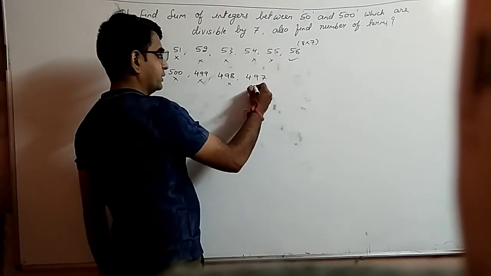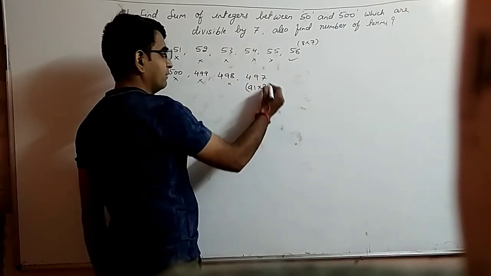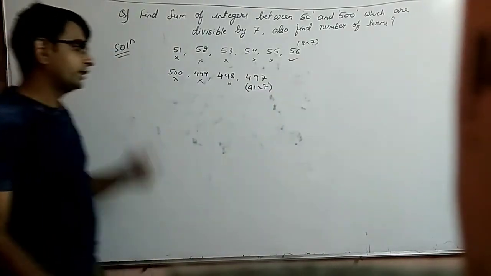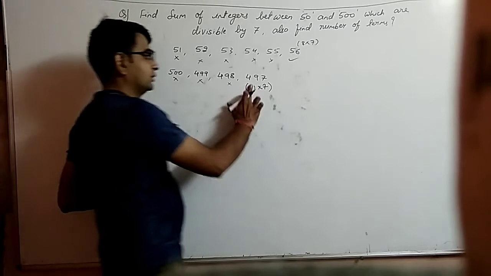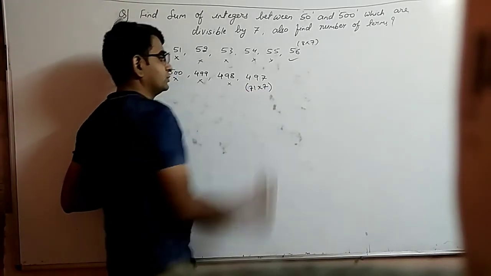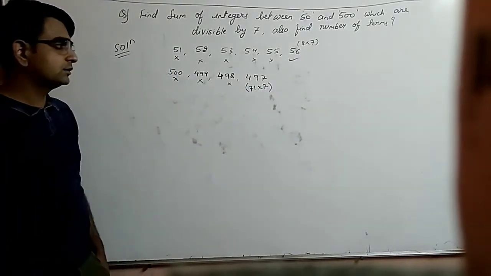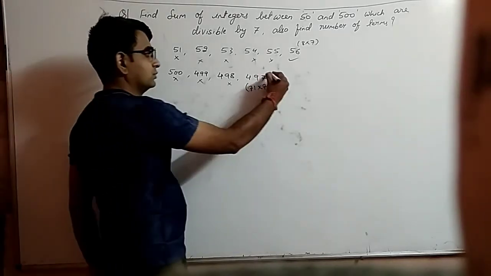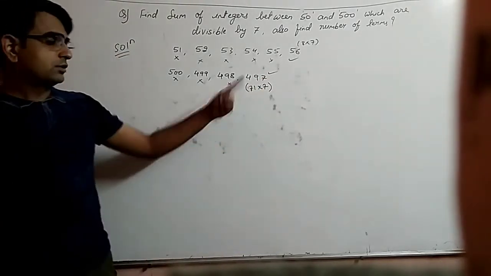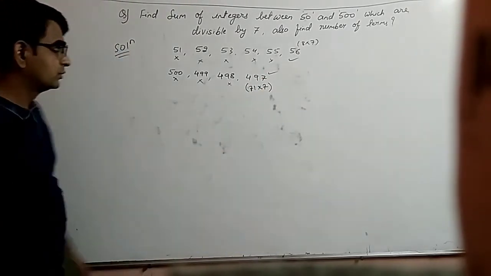We check that 71 into 7 is 497. So this will be the last term.